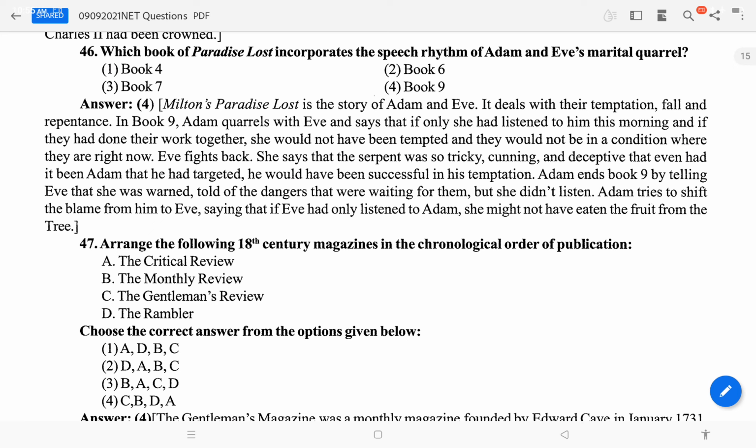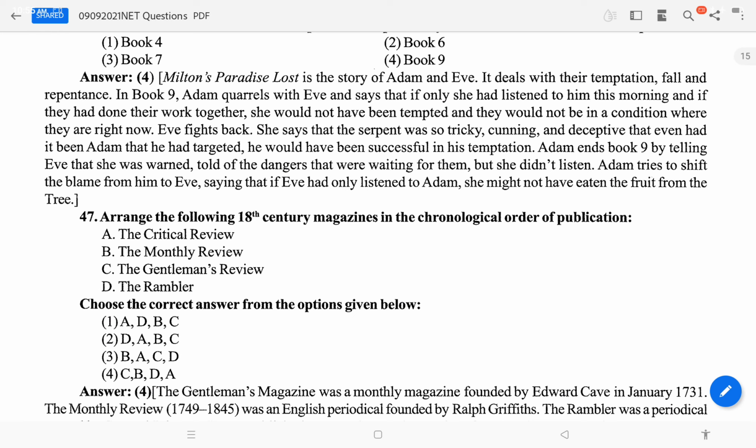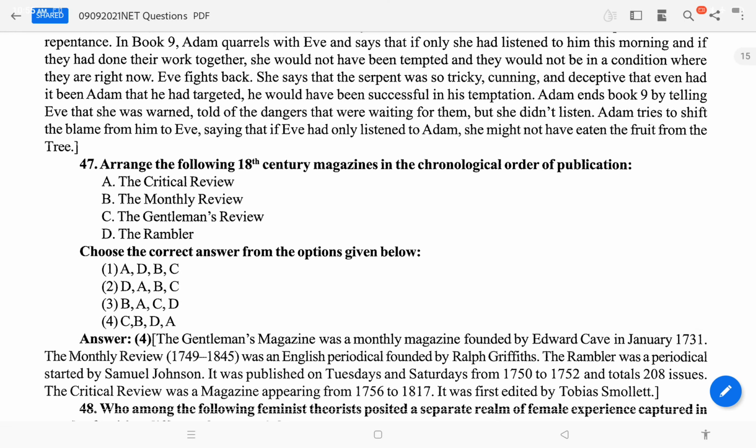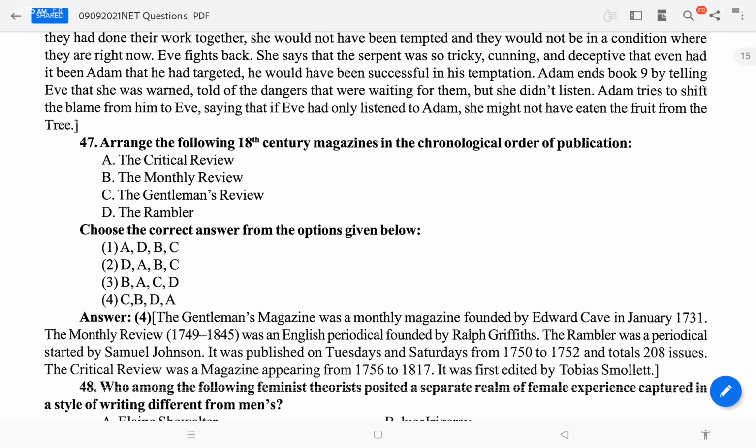Adam quarrels with Eve and says that if she had listened to him this morning, and if they had done their work together, she would not have been tempted and would not be in the condition where they are right now. Eve fights back and says that the serpent was so tricky, cunning, and deceptive that even had it been Adam, he would also have been targeted, and the serpent would have been successful in his temptation.